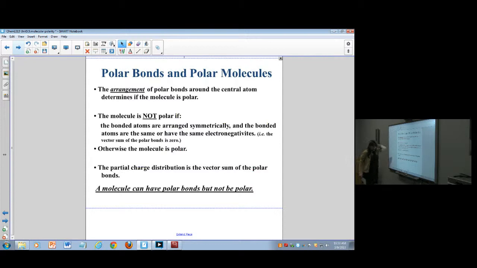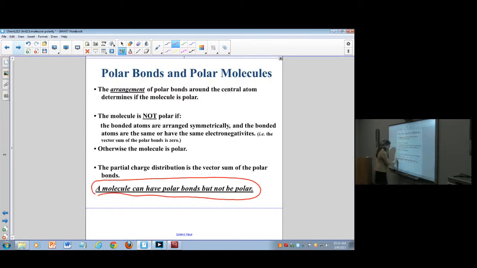So what I want to say here in general is you can have polar bonds and not have a polar molecule. Even though the bonds are polar, you still may not have a polar molecule.